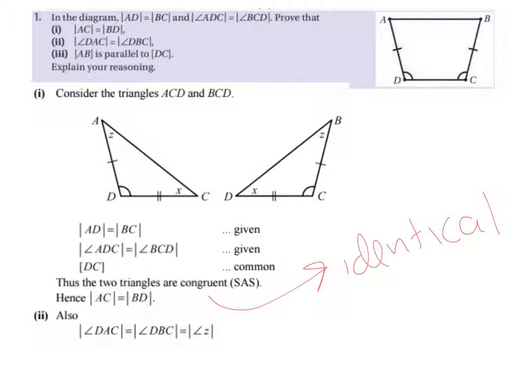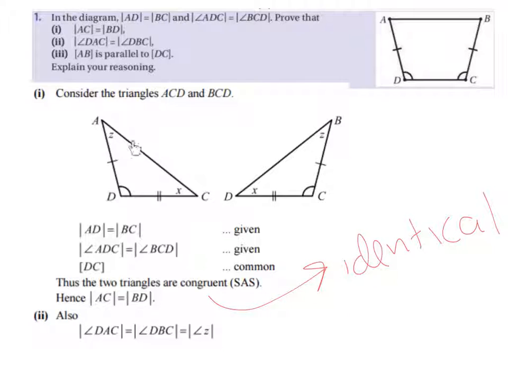We know that automatically everything else is the same as well. So congruency can be found with SAS, side, angle, side; ASA, angle, side, angle; SSS, side, side, side; and RHS, right angle, hypotenuse, and another side.